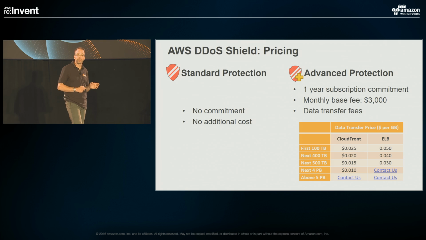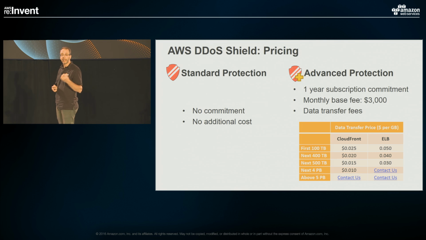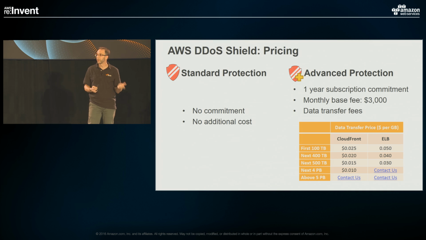The advanced protection has a few components to it. So first, we ask for a 1-year commitment to the service when you sign up for it. And the service has a base monthly fee at the account level of $3,000 per month. Now, importantly, there are many customers, particularly enterprise customers, who may have many accounts with only one central payer account.